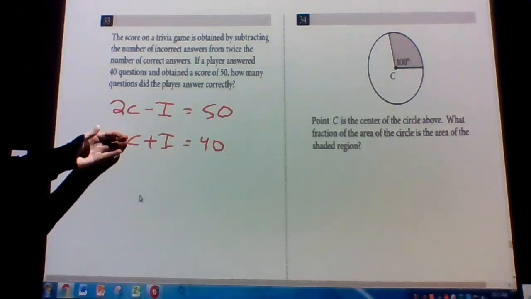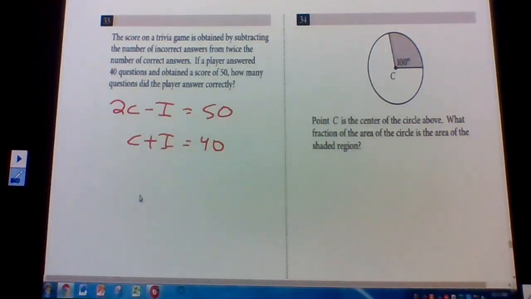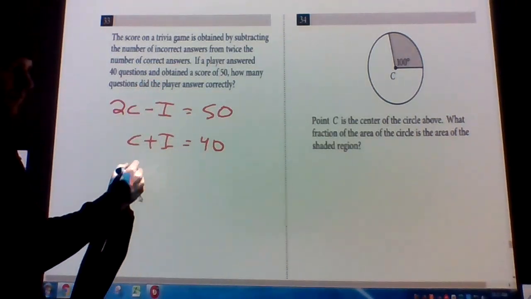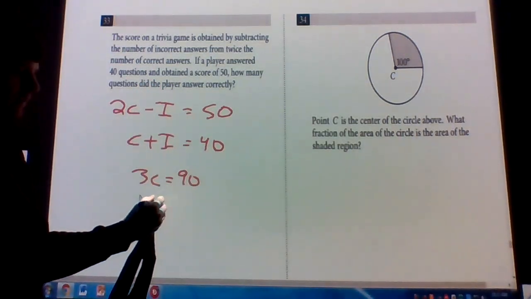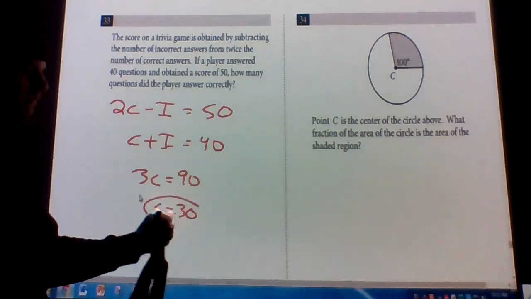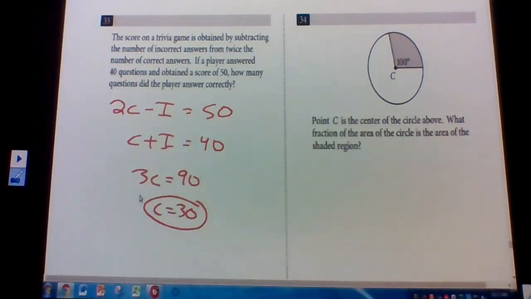With menu 3-2, you have 2 equations, just use menu 3-2 to solve for C and I. If you do it by hand, I would just do elimination. You would end up with 3C, the I's would cancel, is 90, and then C is going to be 30. But if you want to use menu 3-2, we can certainly do that.